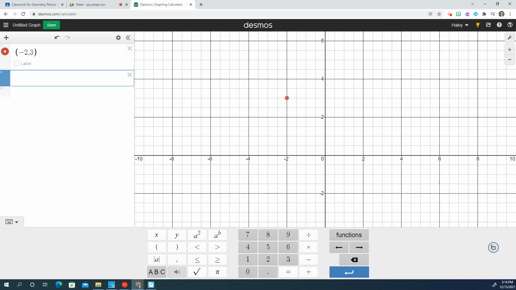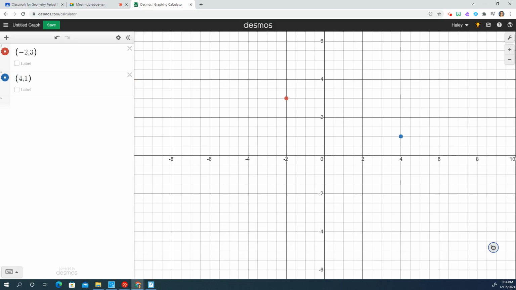And what was the other one? 4, 1. Okay. So here's my segment. I'm just going to draw it in for you. Doing my best here. We want to find the equation of the line of the perpendicular bisector of this segment.